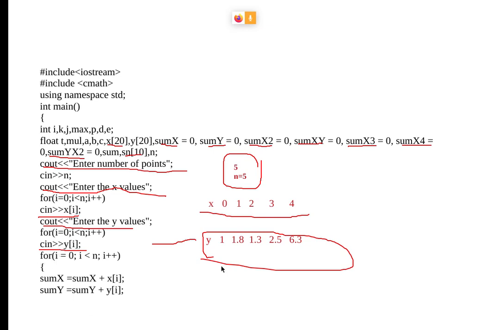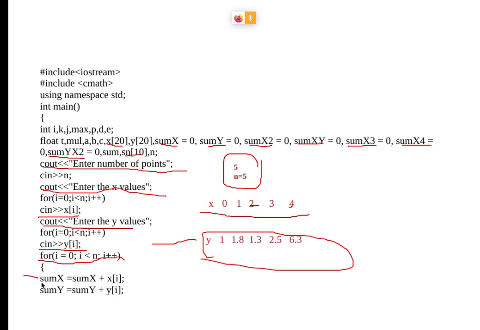For the sum, I have to take the first element of the x array plus the second element plus the third element plus the fourth element, then the next element. That is what I have to do for each sum. So I have to run the index value from 0 to n, that is I am having n data points. So here I am starting a for loop for i equal to 0, i less than n, i plus plus.